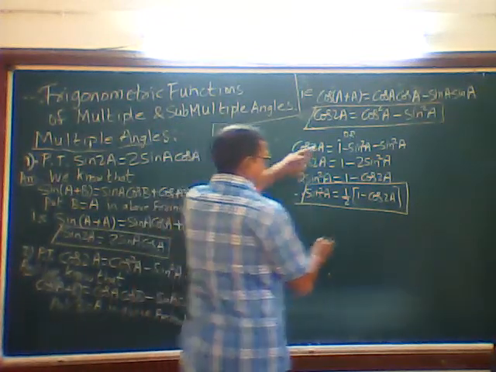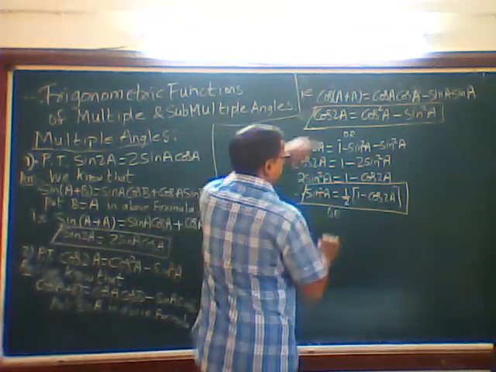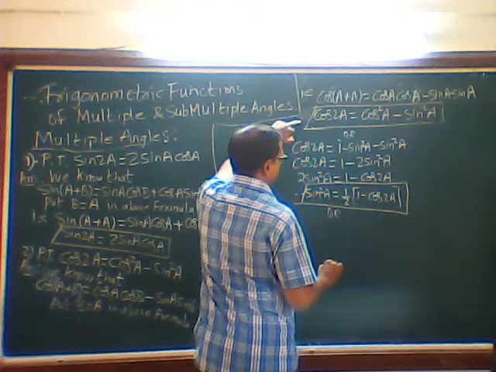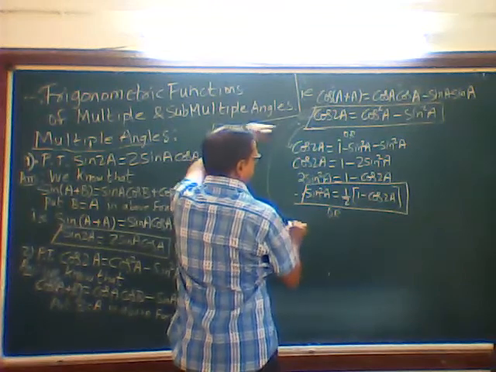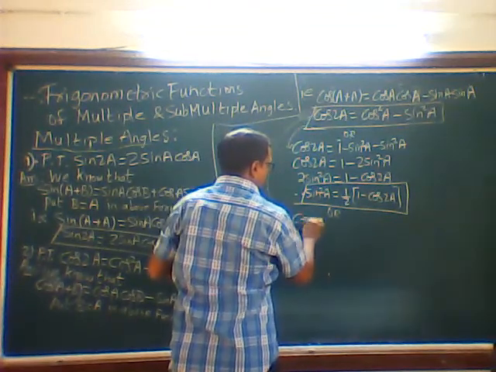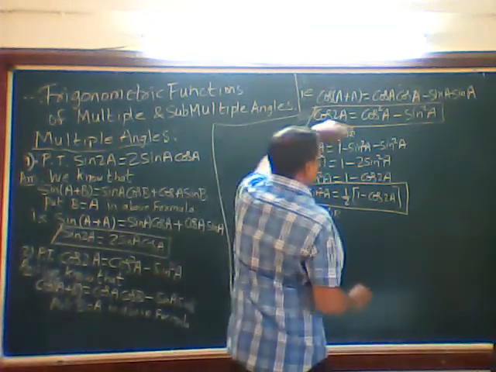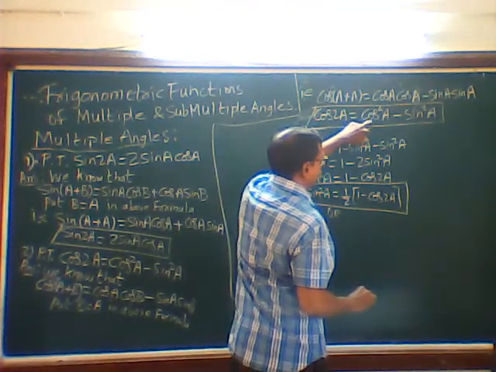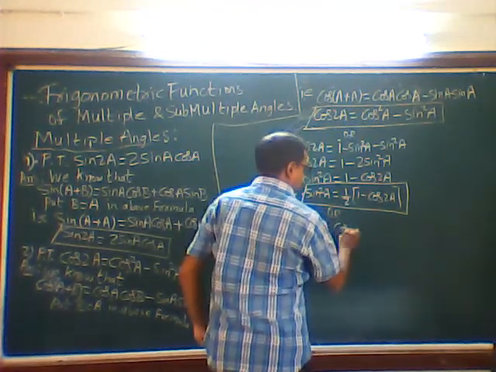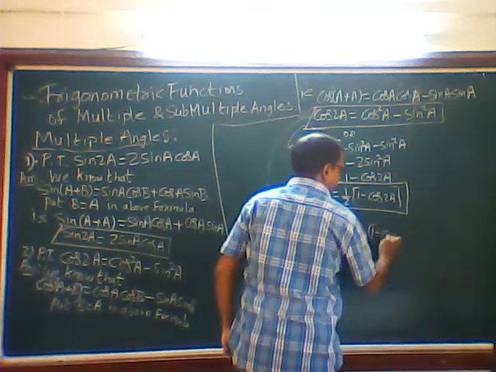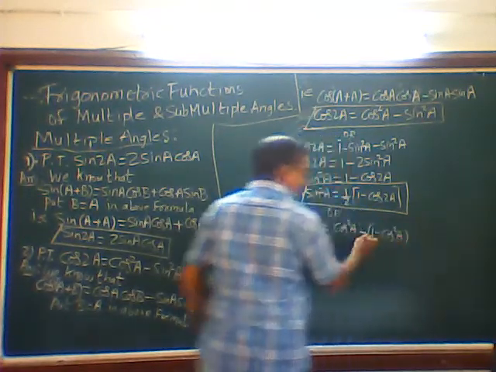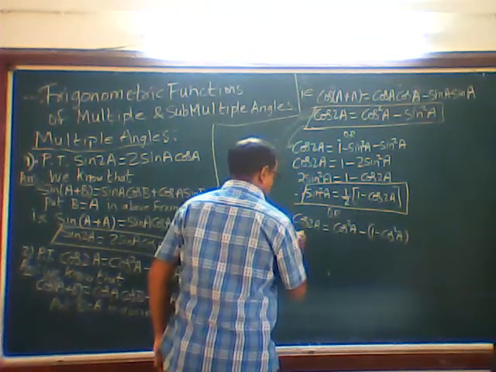In the same way, I start from this one. From here we have got this one. Now from here I get this one. Cos 2a is equal to, now I have written this in terms of sin. I will keep this one as it is: cos square a minus, this sin square I have written as 1 minus cos square in bracket. Why in bracket? Because of the minus sign. So what happens?